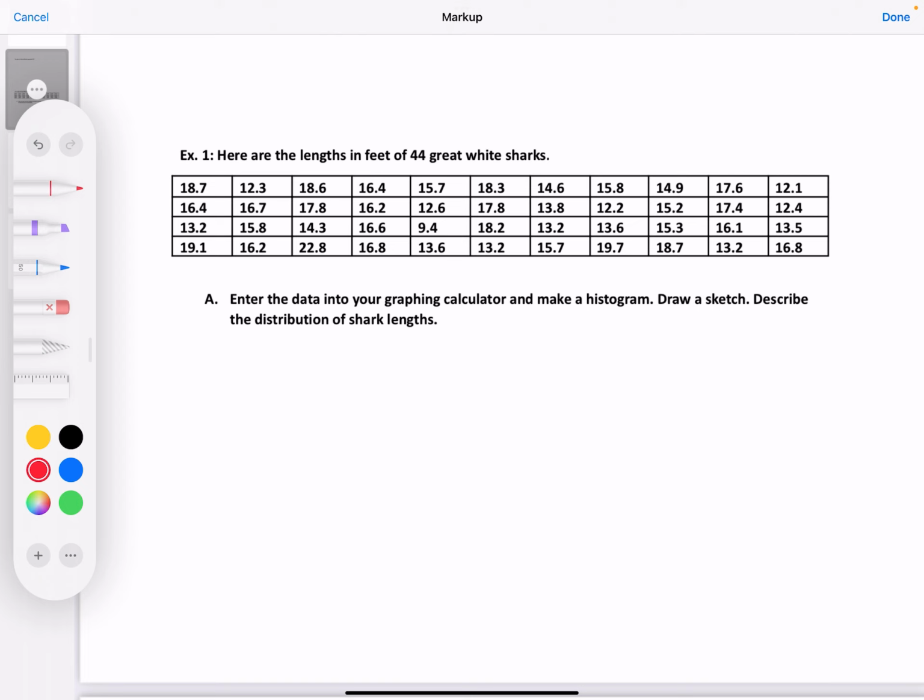There should be 44 numbers when you're done. And they are decimals.